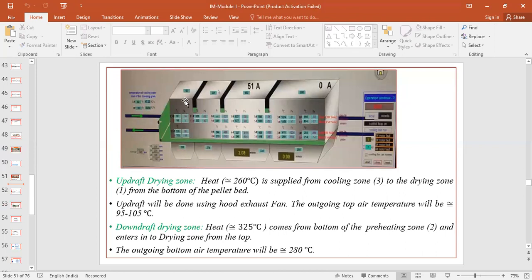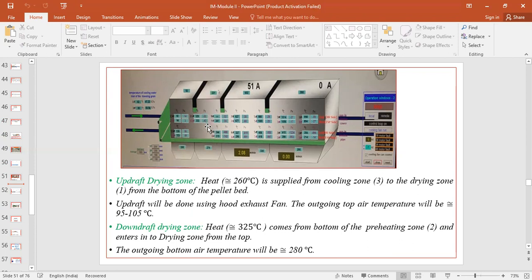So the final gases coming out from the top will have a temperature of around 100 to 105 degrees centigrade. In this particular picture, it is around 93 degrees centigrade. So this is the updraft drying. Then next, once we have given updraft, this time we'll give the downdraft.